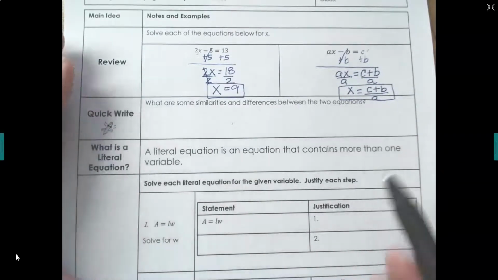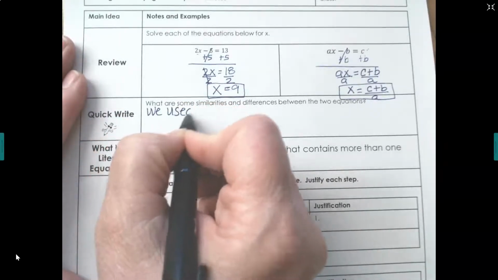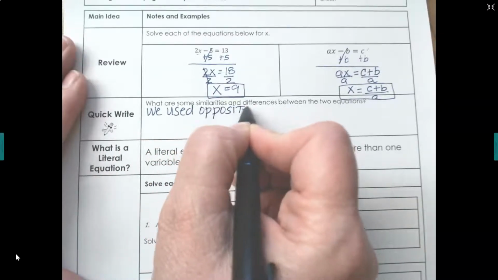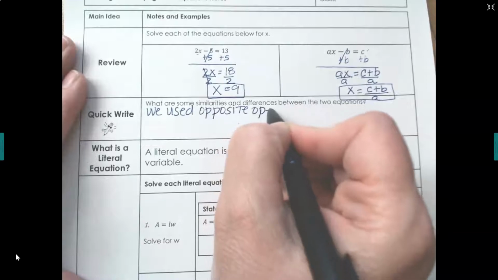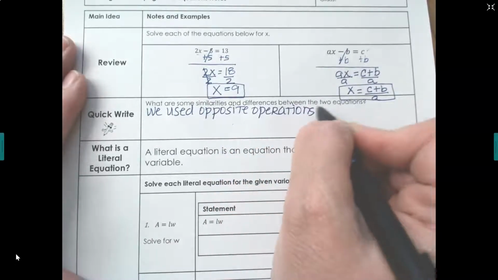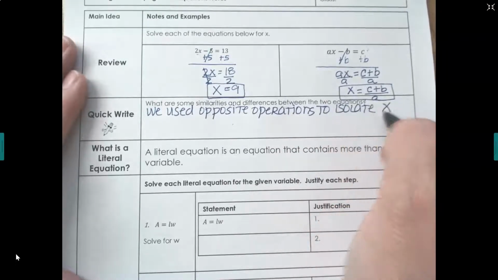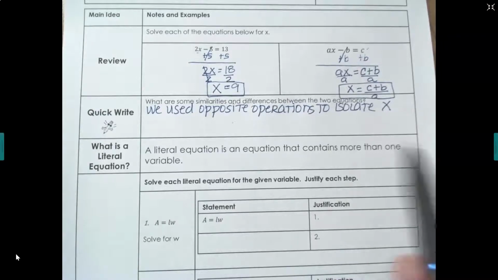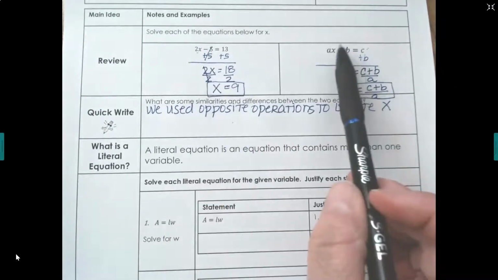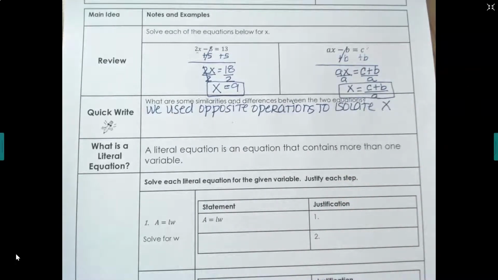Well, one of the ways they're the same is we used opposite operations to isolate the variable. Here that was minus 5, so we added 5. This was minus b, so we added b. Opposite operations to isolate the variable.